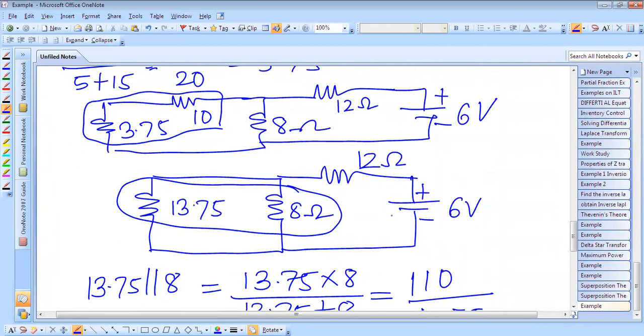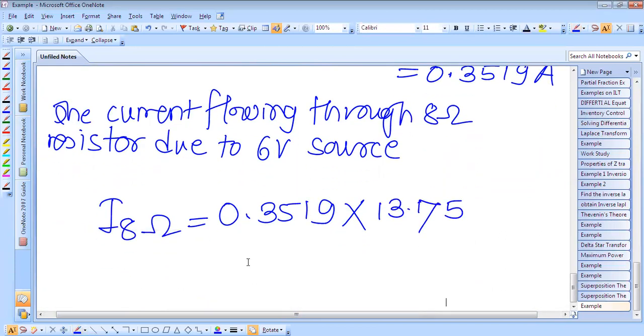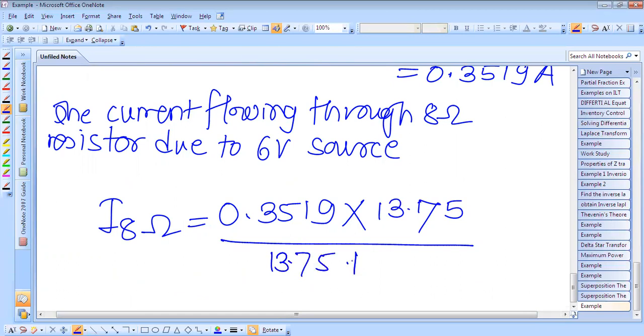The opposite branch is 13.75, divided by 13.75 plus 8.